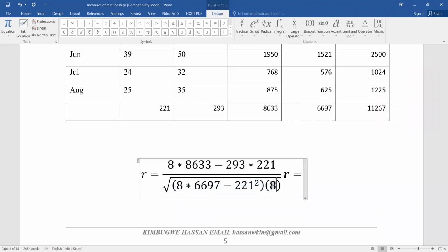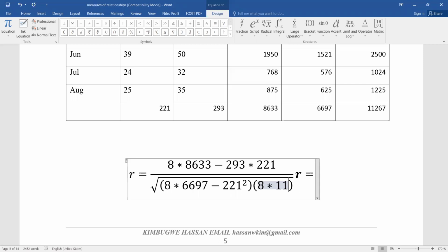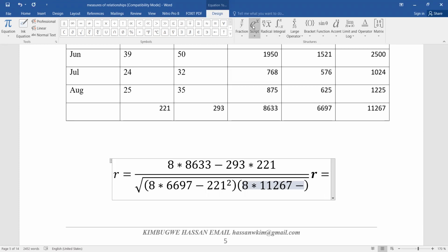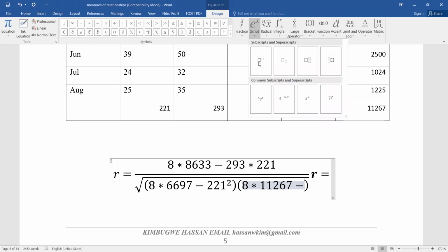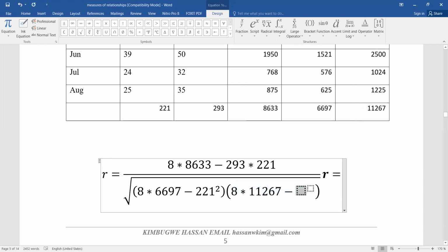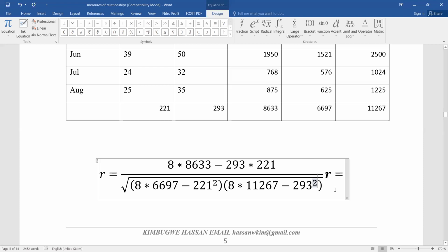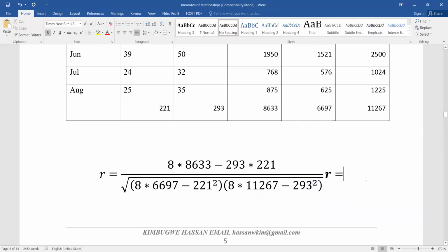8 times summation of y squared. What is the summation of y squared? Summation of y squared is 11267 minus 293, and that is squared.